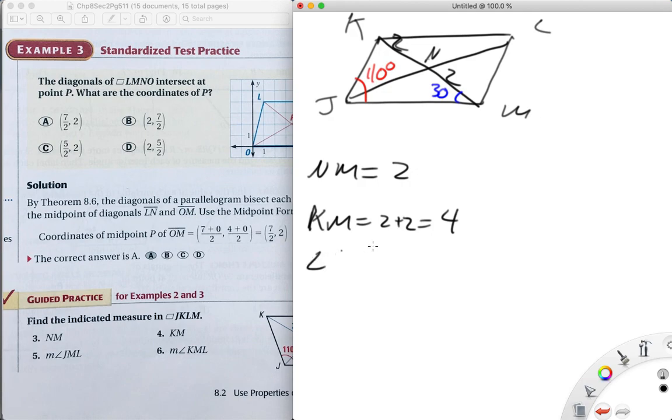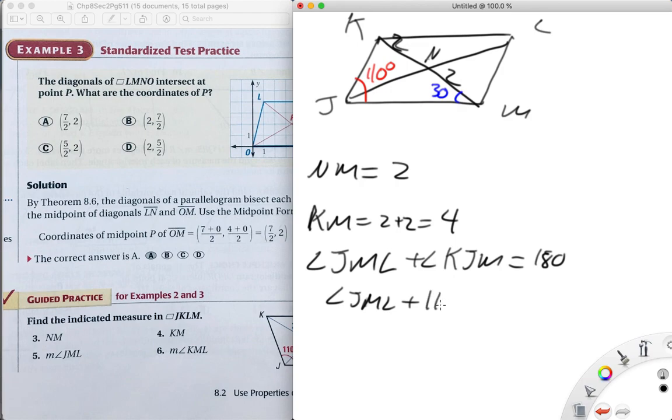Angle JML. Alright, JML is supplementary with KJM, and KJM is 110.